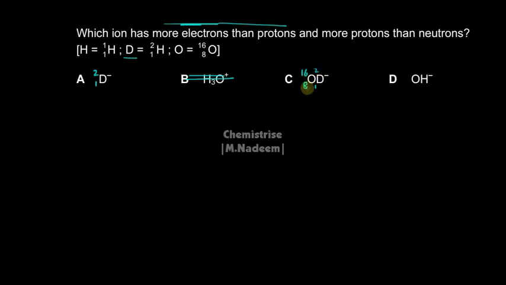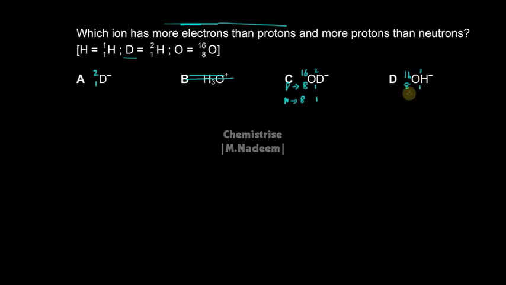So if you look at the neutrons present in it, there will be 8 neutrons present in the oxygen and 1 neutron present in the deuterium, and their protons are 8 plus 1, and neutrons are the same, 8 plus 1. While the OH, it has got 8, 16, it has got 1 and 1.